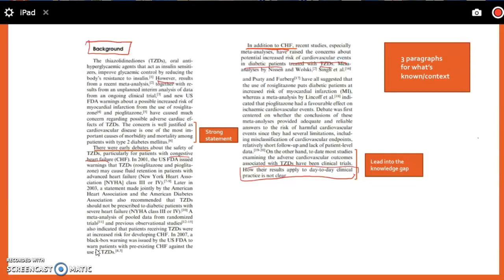It's right here in the topic sentence, very beautifully done. And then, of course, the next paragraph has a great transition. In addition to CHF, recent studies, especially and so on, have raised a concern about other issues. So just to show you that you can really take a reader along and tell a story about what are some of the major issues to pay attention to.